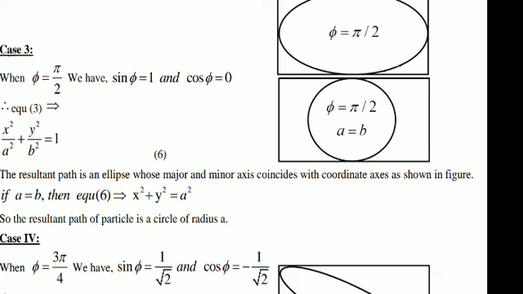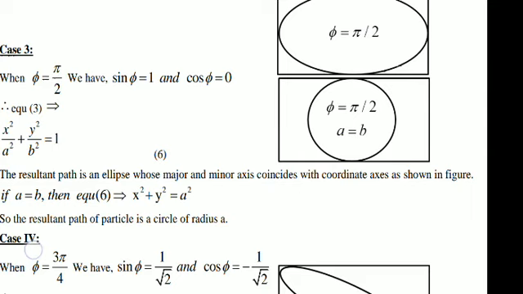Now if in this perfect ellipse, this a is equal to b, then what will happen? x square by a square plus y square by a square is equal to 1. So a square will be common and this a square will be on the right hand side. So finally we will be getting x square plus y square equal to a square. And you already know this is the equation of circle.